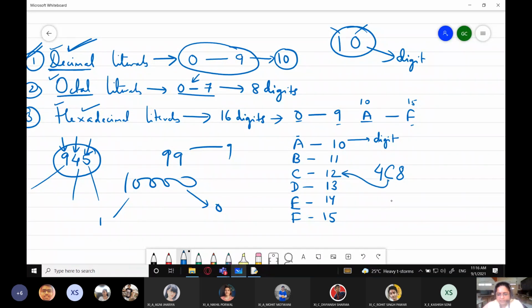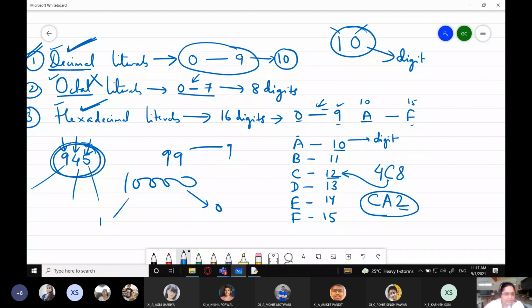Right? Sometimes I can also write it like this: C, A, 2. So this is also a hexadecimal number. C represents the digit 12, A represents the digit 10, and 2 is a digit which is already contained over here. Right? So here 945 can be a decimal number, it can be a hexadecimal number, but not an octal number, because 9 is here, 4 is also there, 5 is also there, right?